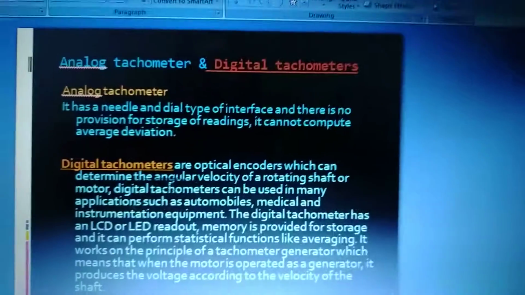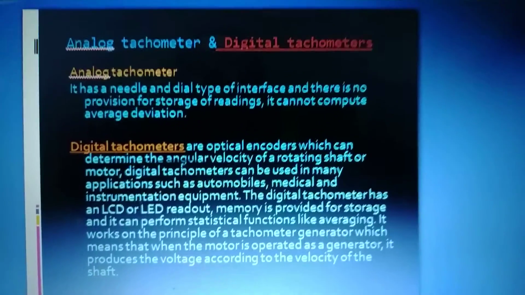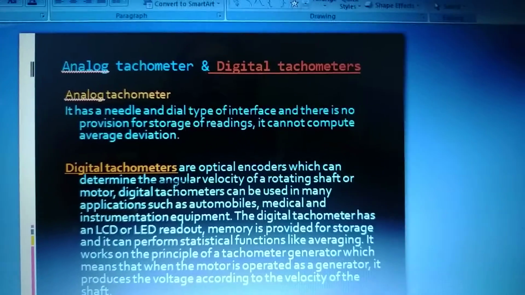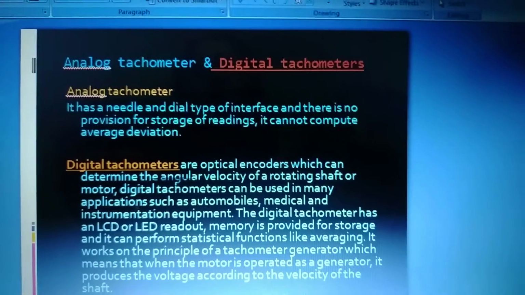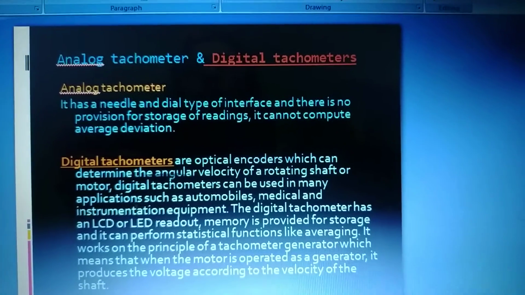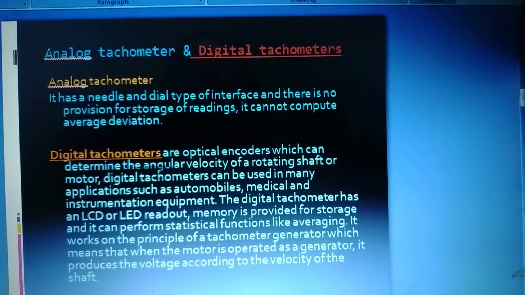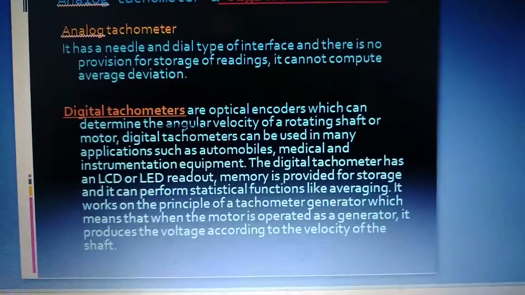Now let's see the difference between analog and digital tachometers. As the name suggests, analog tachometers have a needle and dial type of interface, and there is no provision for storing or recording. They cannot compute average deviations. Now let's see digital tachometers.